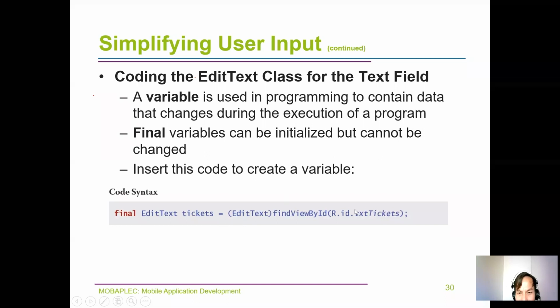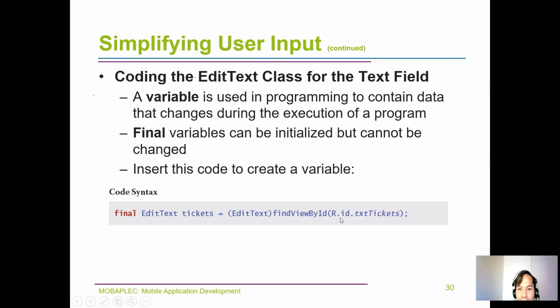All of those things were created a while ago based on the controls; all you have to do is generate the process. Again, to repeat: final is our keyword, meaning a fixed value. EditText is the type of the control, tickets is the variable, equal to the EditText based on the name of the control. findViewById is the method to find a particular ID.